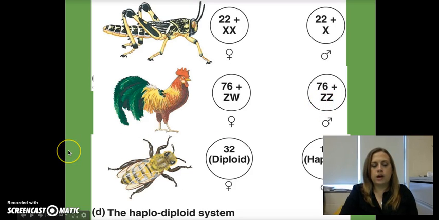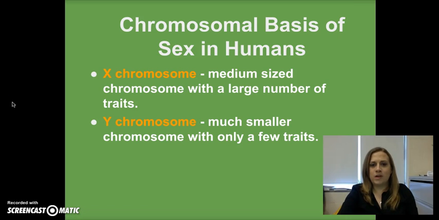And then we also have the haplodiploid system, in which case if you are diploid, you are female. And I know I'm kind of blocking this guy over here, but if you're haploid, you are male. So we're going to focus mostly on chromosomal basis of sex in humans for a little bit.